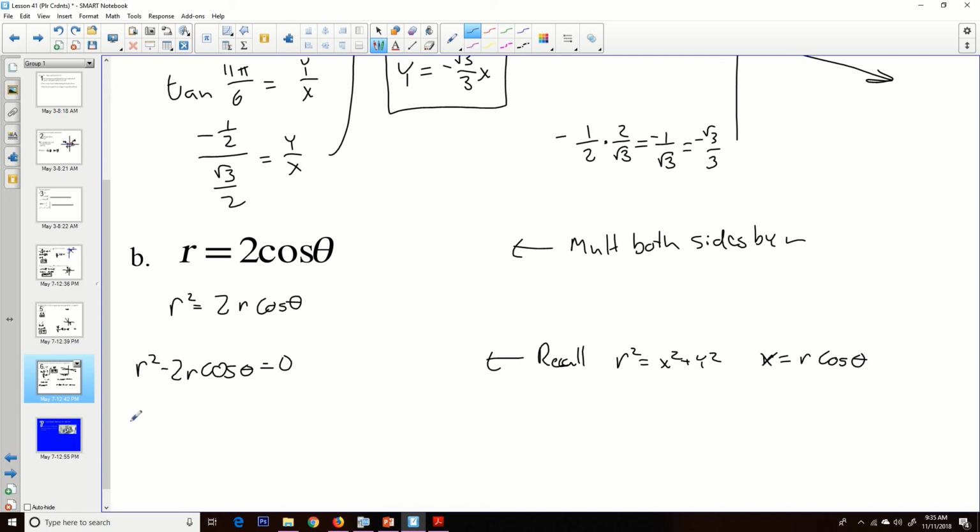So I'm going to do the substitution to make that x squared plus y squared. And it will be minus 2, that 2 stays the same. r cosine theta is x, so 2x equal to 0. And this is a standard form of a circle. And so we'll put a box around that, and we'll call it a day.